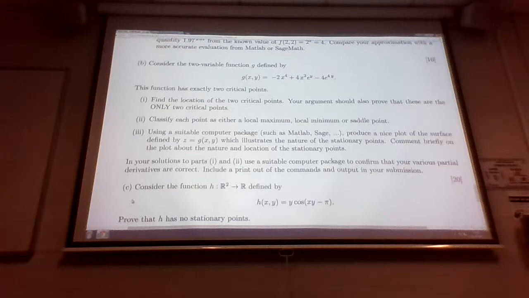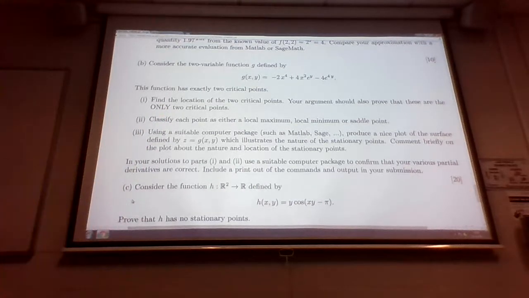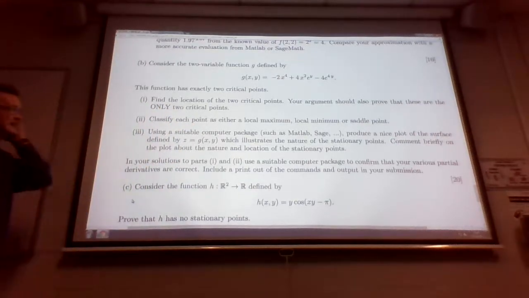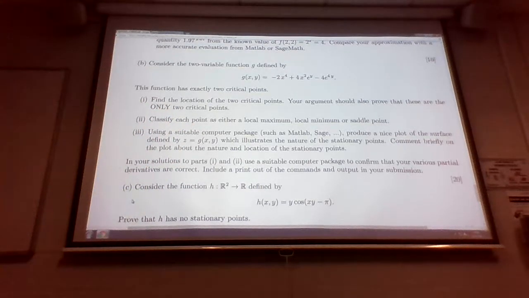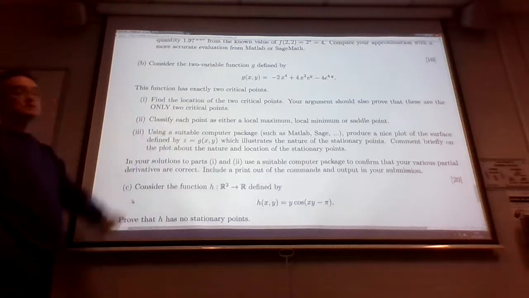And you're asked to find the location of them, to prove that there are only 2, as the question claims. Classify them into local maximum, local minimum, or saddle points. And to back up the pen and paper analysis you've done on it with some views of the surface.